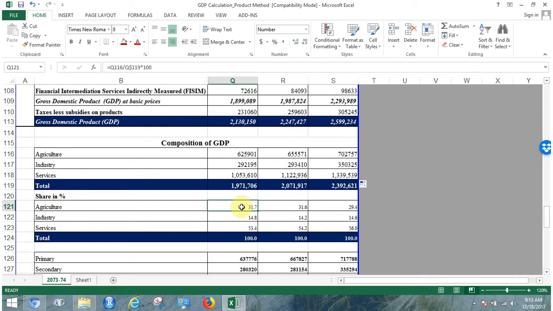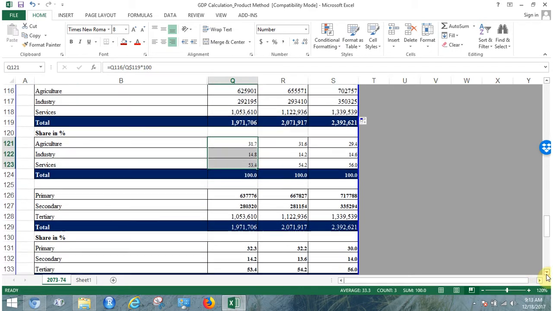For example, in the year 2014-15, the agriculture sector contributes 31.7% of GDP, the industrial sector contributes 14.8%, and the services sector contributes 53.4% of GVA, or we simply say that these are the sectoral contribution in GDP.